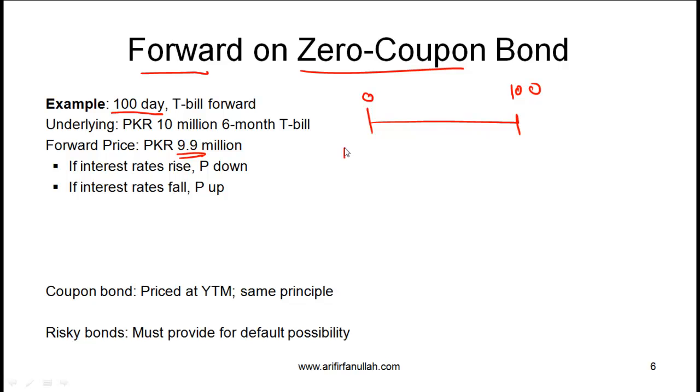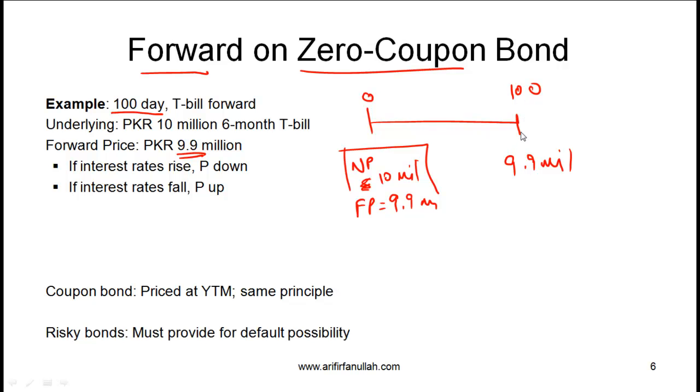So in this contract, the notional principal is PKR 10 million. The forward price is 9.9 million. So essentially what that is saying is that the long party is going to buy $10 million or 10 million rupee face value T-bills for 9.9 million on this day.